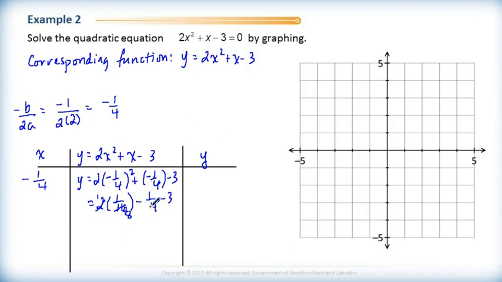Minus 1/4, that's negative 1/8 minus 3. We've got negative 3 and 1/8. So our vertex is at negative 1/4 of a unit and negative 3 and 1/8. Somewhere handy around here. And this graph is going to open up.